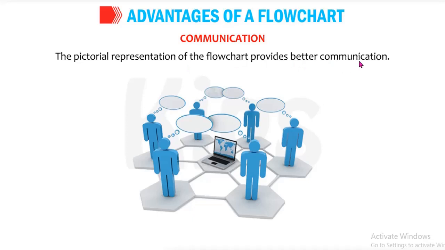How can we find out the advantages? We are comparing with which one? Exactly, algorithm. So if we compare algorithm and flowchart, which will be easy? Of course, flowchart. Why? Because it is a pictorial representation.